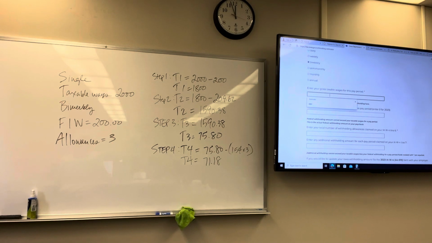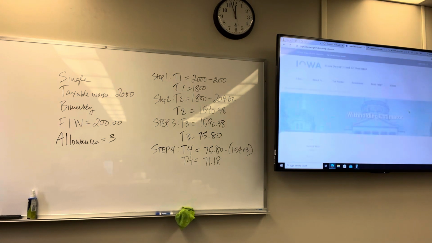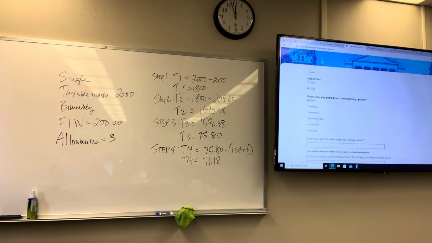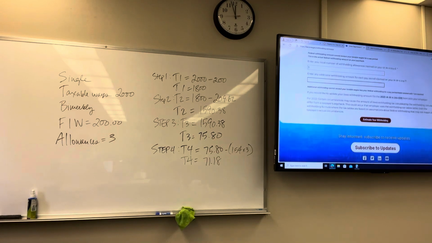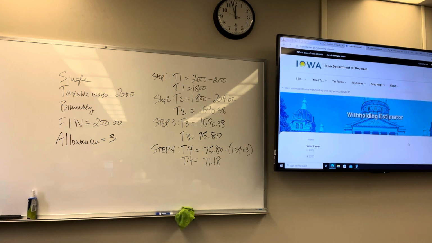Biweekly, 2,000, 200, 3. Oops. Did I do biweekly? Biweekly, 2,000, 200, 3, 0, 39.75.